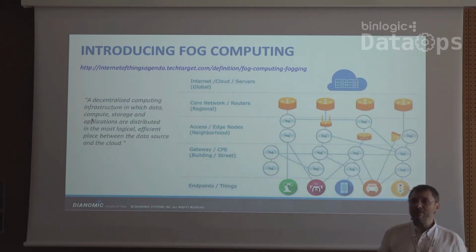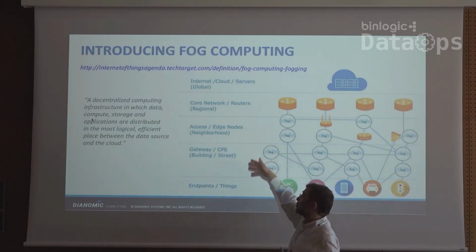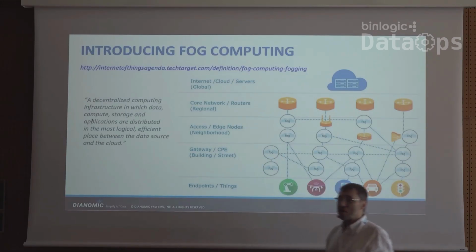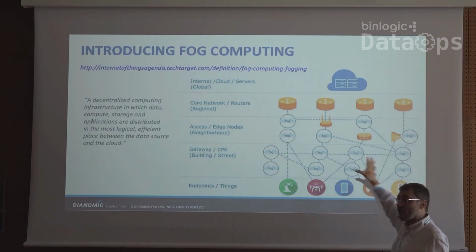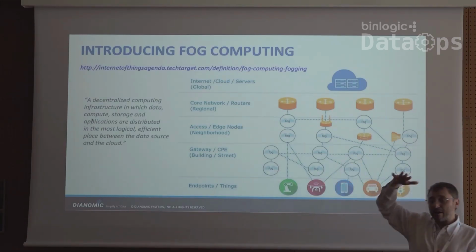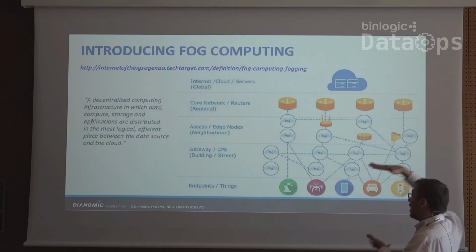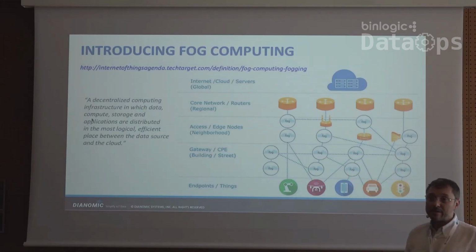And how do you call these layers? They are usually gateways, routers, but in general, they are now called the fog. They are something where you have an environment with multiple layers.